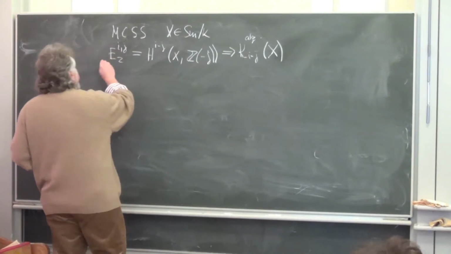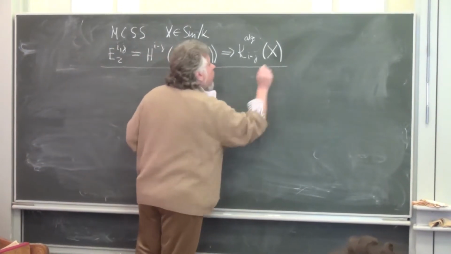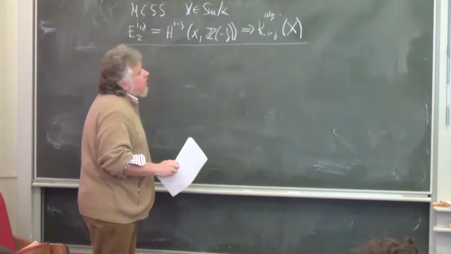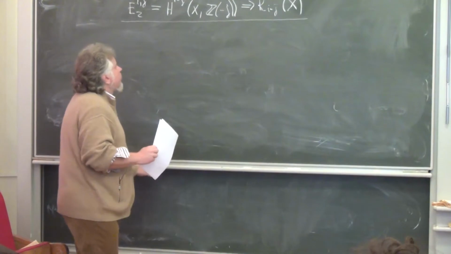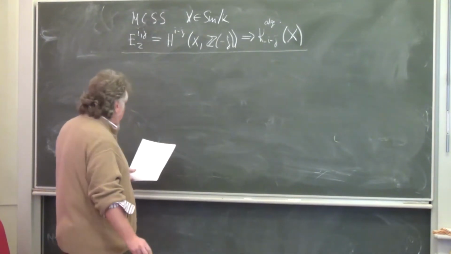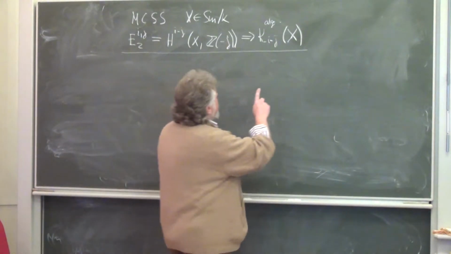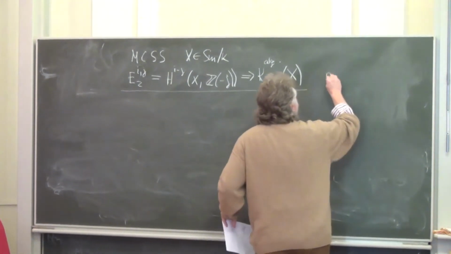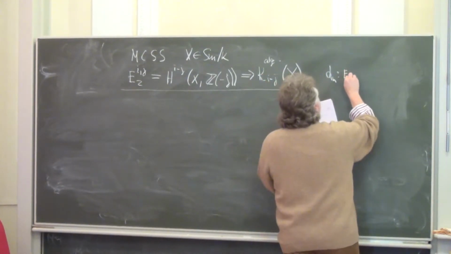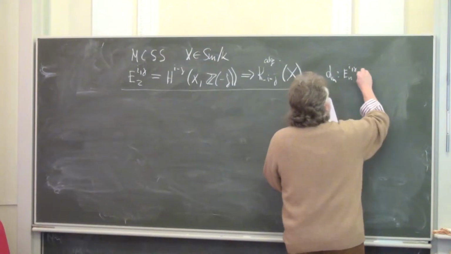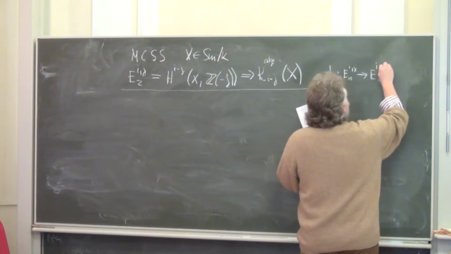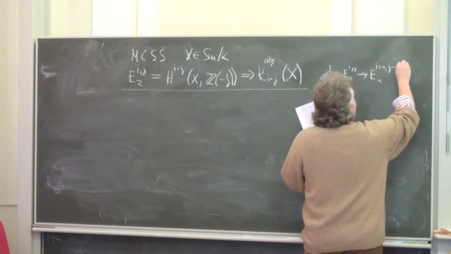This spectral sequence encapsulates a lot of very useful algebraic invariants. It's important for us the differential d_n. It goes from E_n^{ij} to E_n^{i+n, j-n+1}.